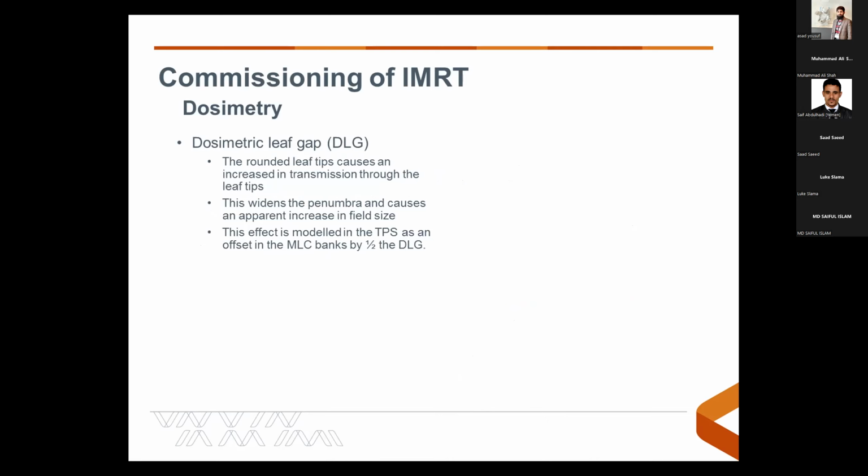This most impacts dynamic MLC and VMAT treatments, not as much step and shoot treatments, but it does impact it a little bit. It is modeled in the Eclipse treatment planning system as an offset in the MLC banks by half of the DLG.